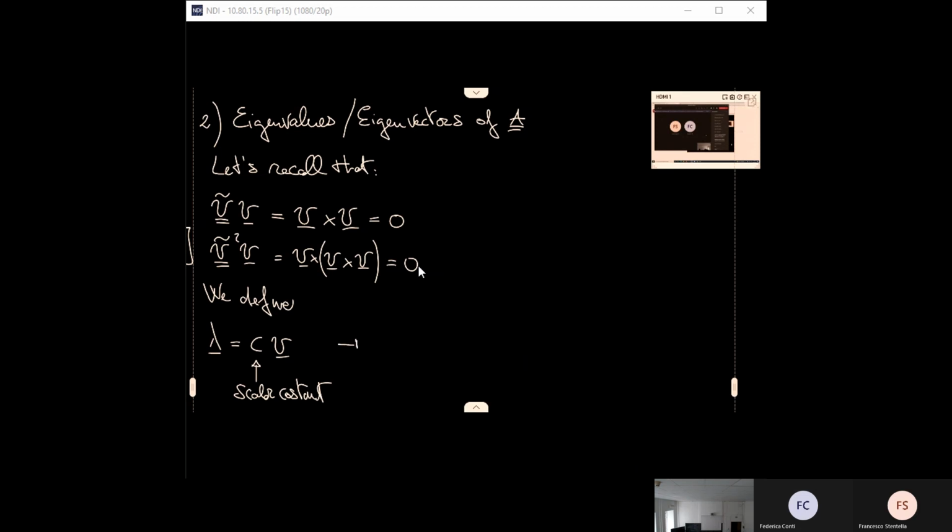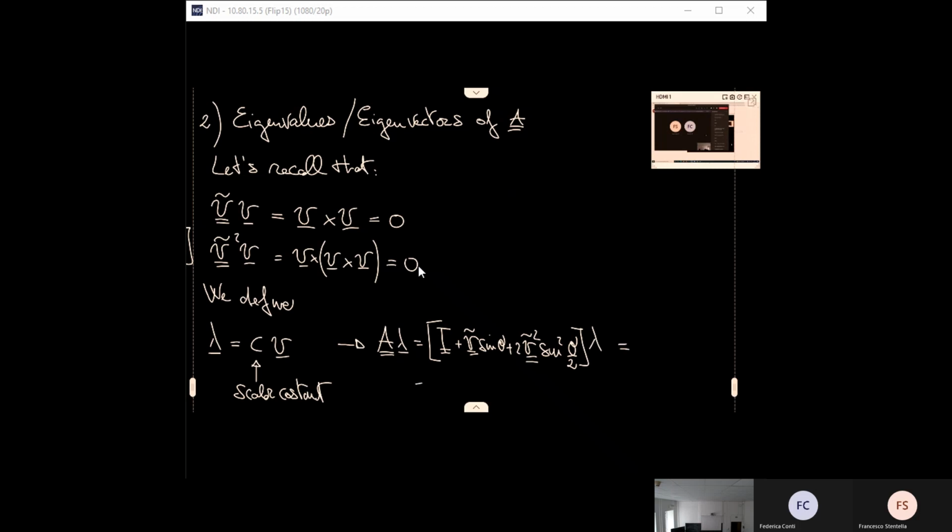Now, let's define A applied over lambda. A applied over lambda is the identity matrix plus V tilde sinus of theta plus 2 minus sinus squared of theta divided by 2 applied over lambda.